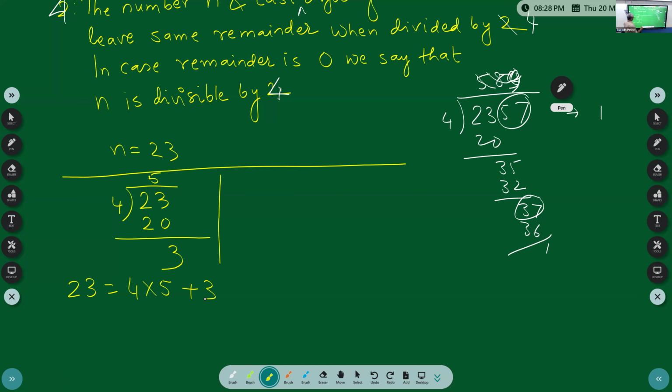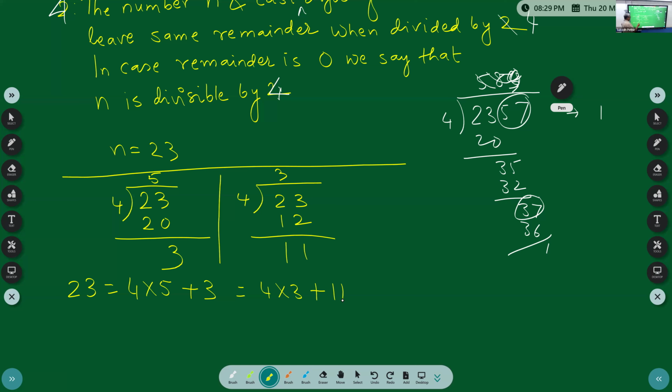But suppose I do not know long division and I do the multiplication and division like this. Then my remainder is 11. My quotient is 3. 23 is equal to 4 into 3 plus 11. This statement is true.